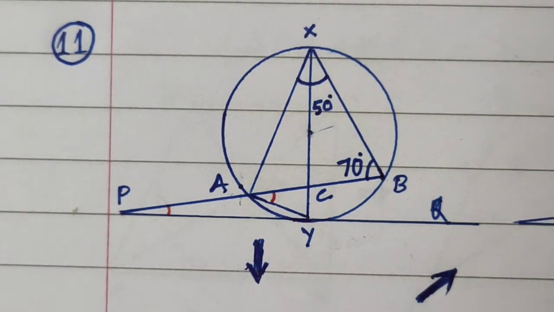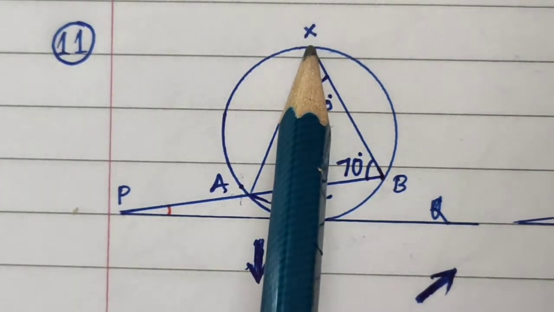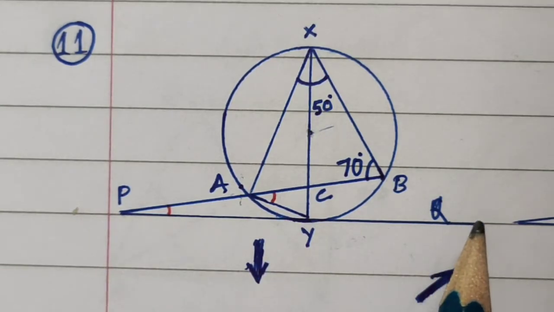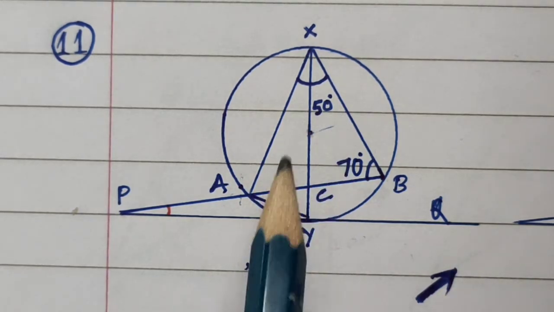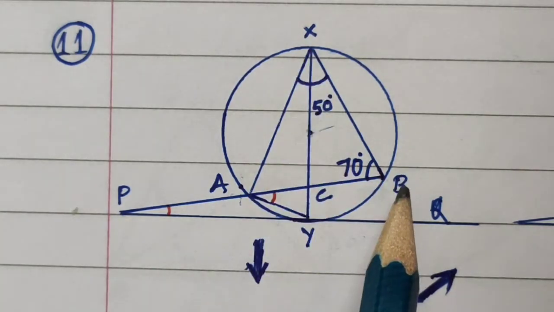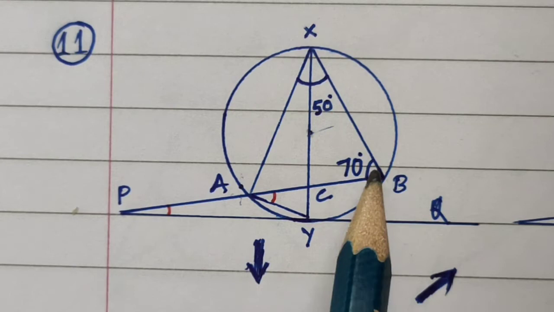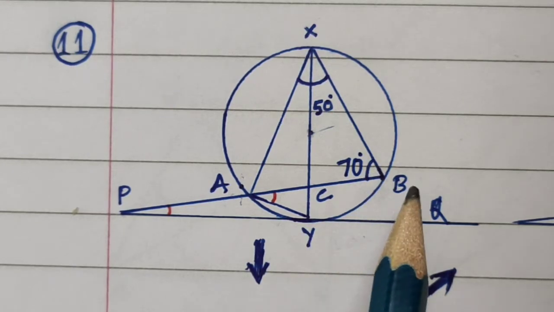They are given XY as a diameter, PQ as a tangent at the point Y of the circle, and they are also given that AXB is 50 degrees and ABX is 70 degrees.